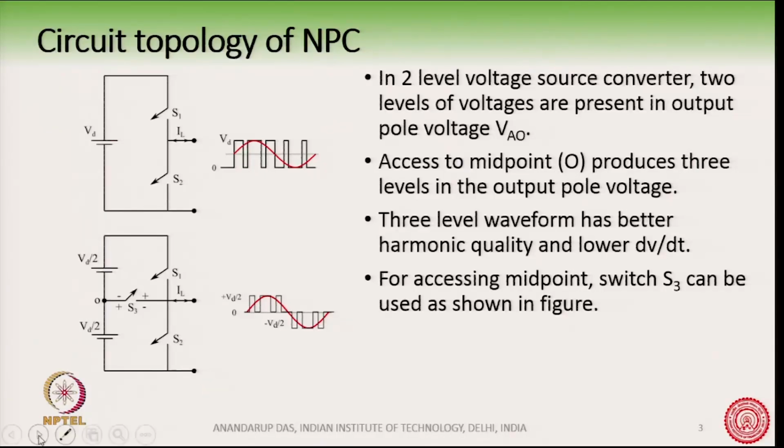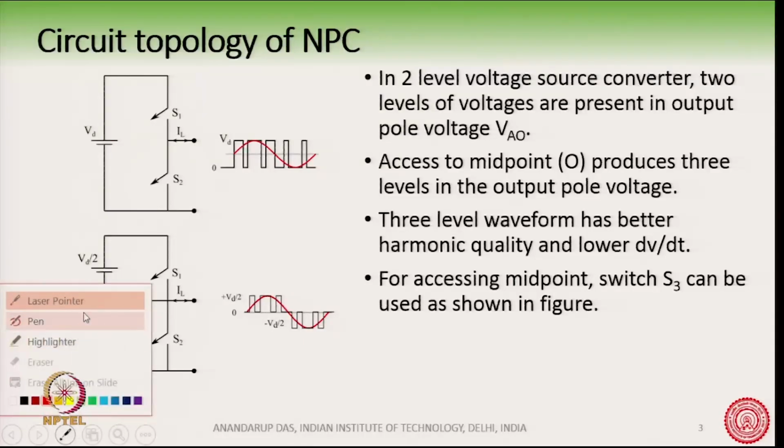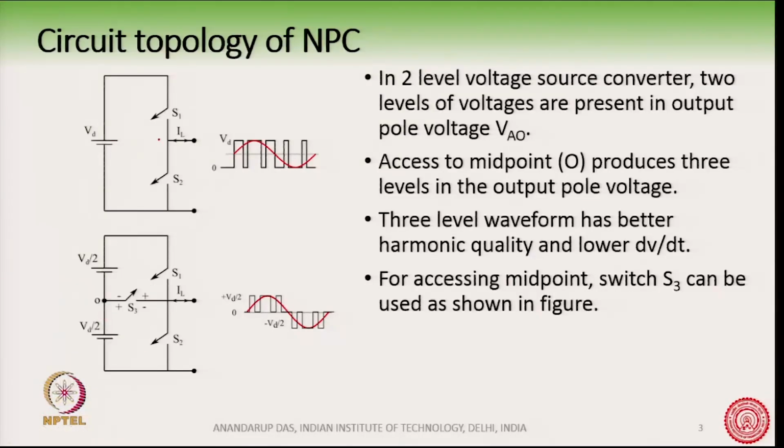In this diagram, this is A and this is O. In the case of a 2-level voltage source converter, the VAO voltage can be 0 and Vd.